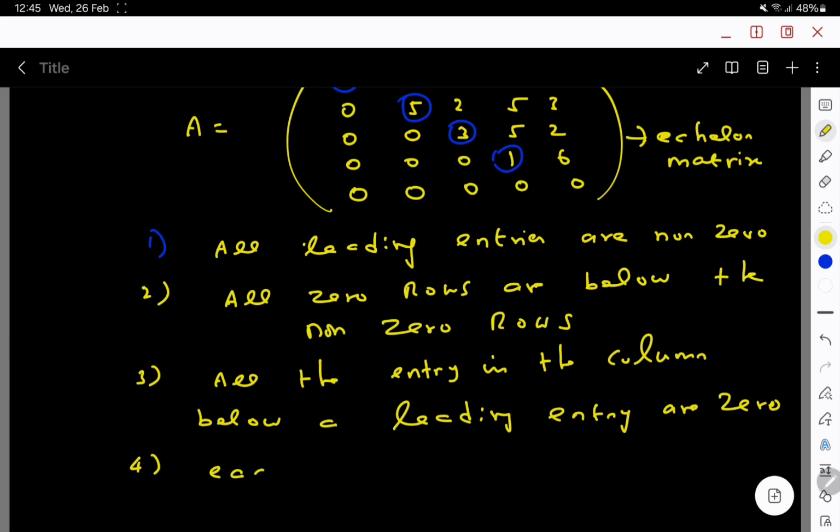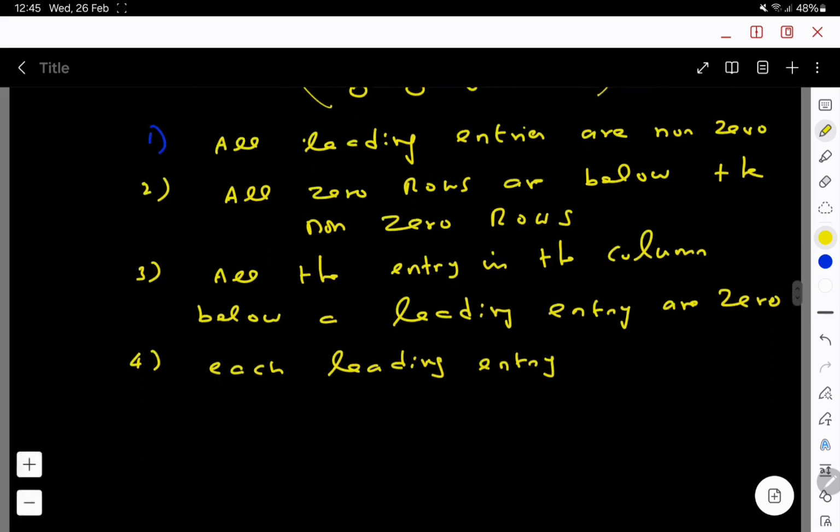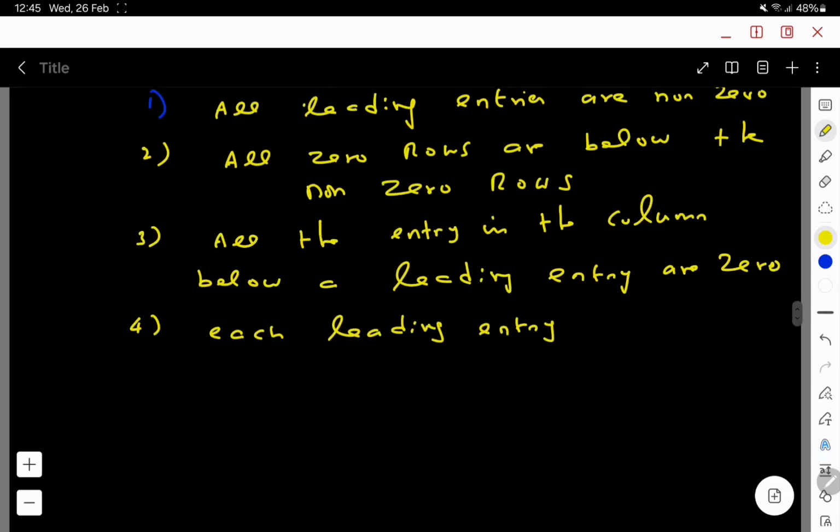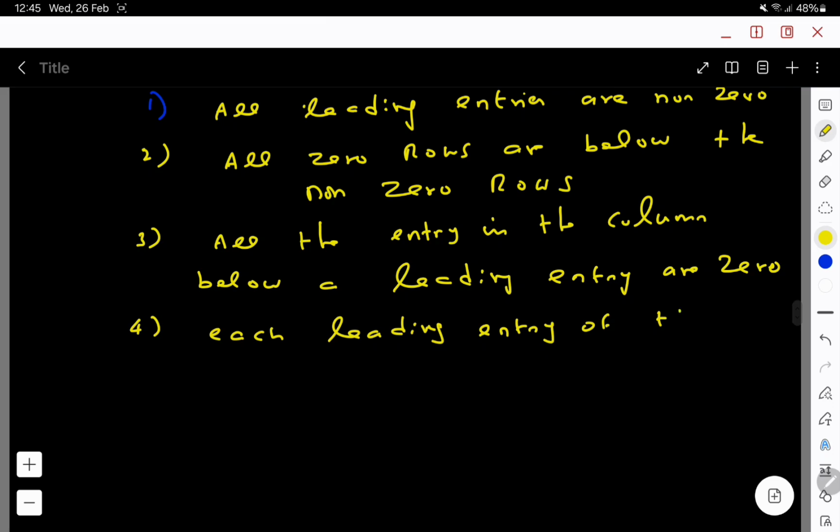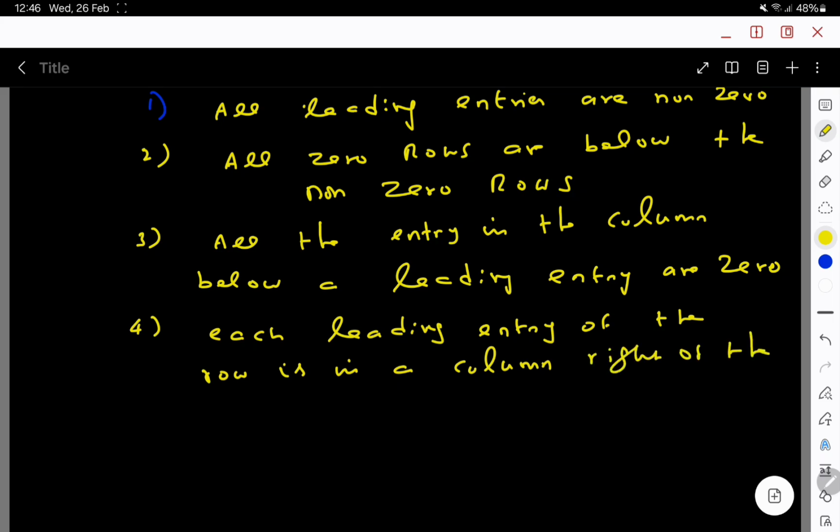So each leading entry of a row is in a column to the right of the leading entry in the row above it.